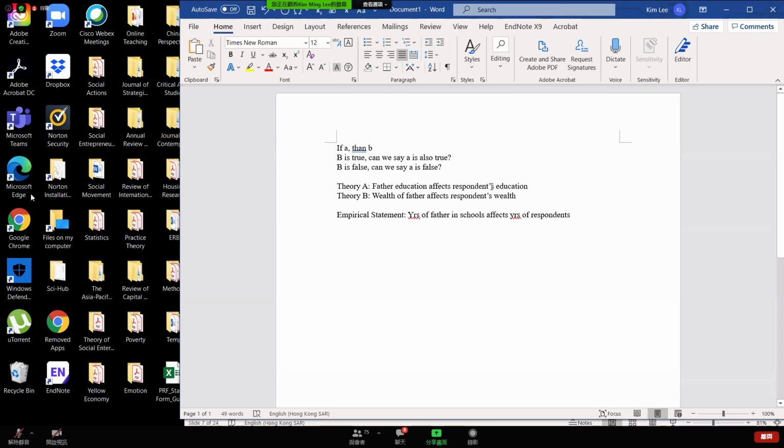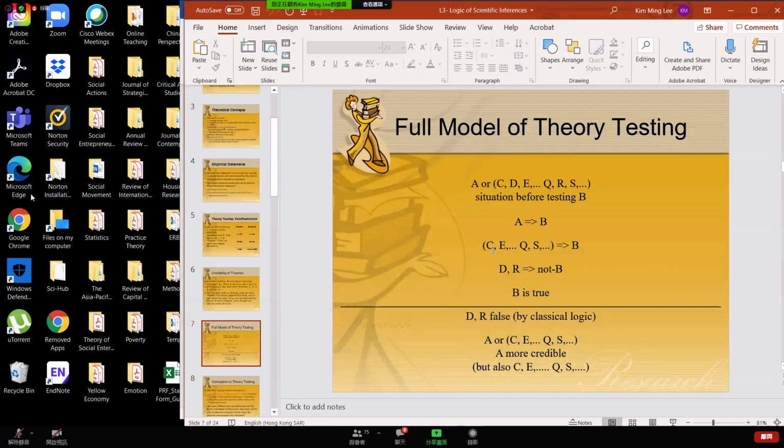But there may be other theoretical statements implying the same empirical statement, like the wealth of your father affects respondent's wealth. So we may have other theories, C, E, Q, S, whatever, implying the same empirical statement B. But there are other theories implying not B.